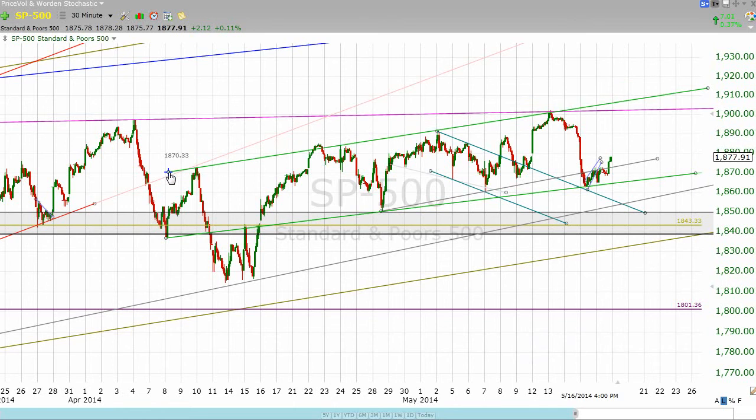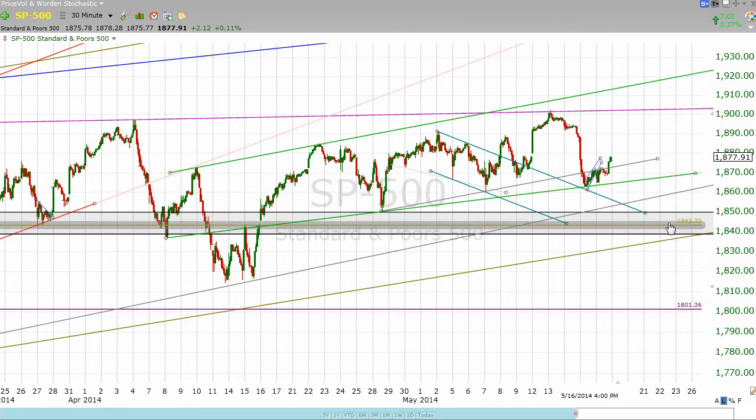And for that reason, I'm going to do what I've been doing all along. And that is, I'm just going to go with the close over 1900 or a significant break under 1840, 1850. Even though we had such a break back in the middle of April, it didn't really pan out as being that technically significant an event.